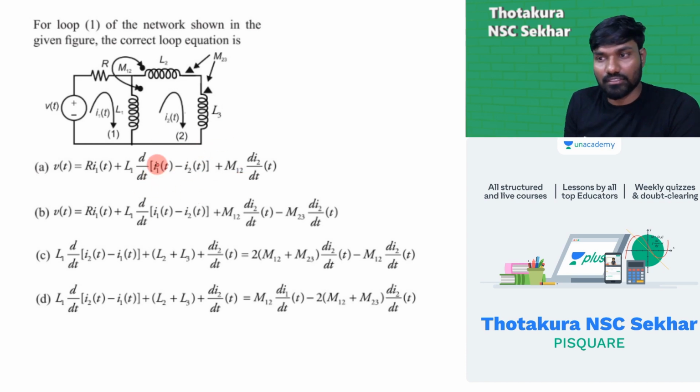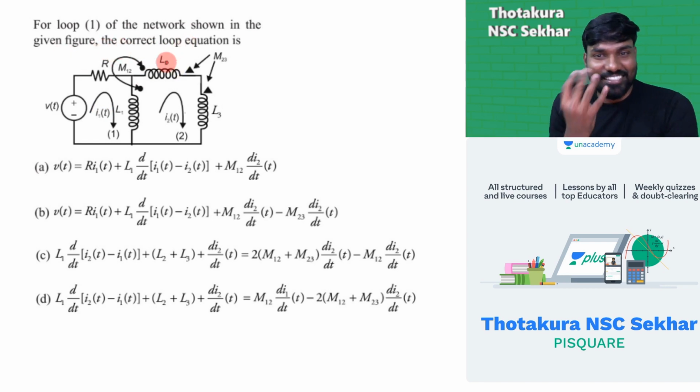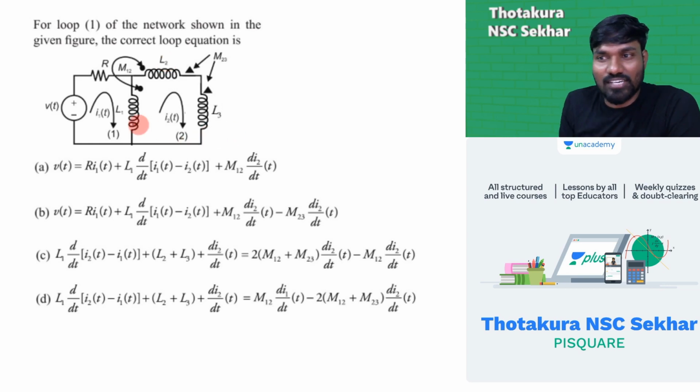Write the equation for this. For loop 1, this is loop 1 given. For this loop 1, what is the correct loop equation? Directly they'll ask you to write the equation. For loop 1, just write it. It's a simple one. This current is given as I1. This current here is given as I2.